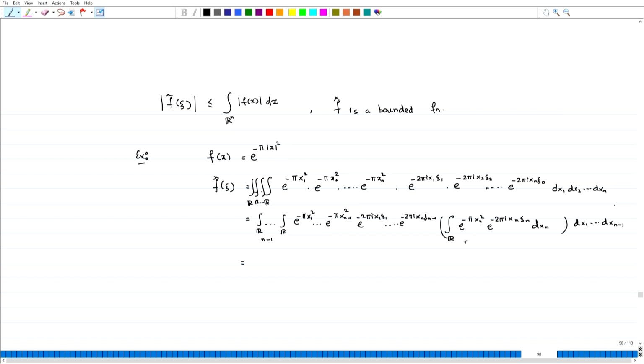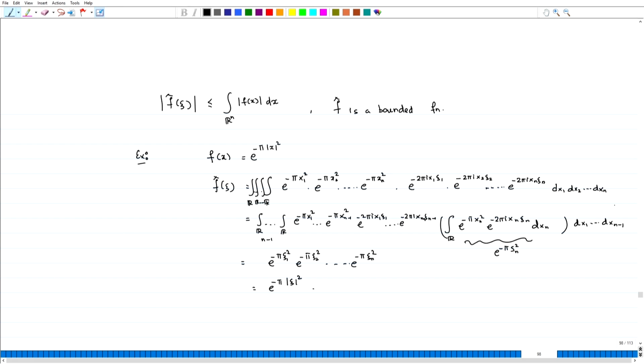So, this is nothing but what we know, e to the power minus pi xi_n squared. Similarly, if we perform each integral, this is e to the power minus pi xi_1 squared, e to the power minus pi xi_2 squared, e to the power minus pi xi_n squared, which is equal to e to the power minus pi |xi| squared.